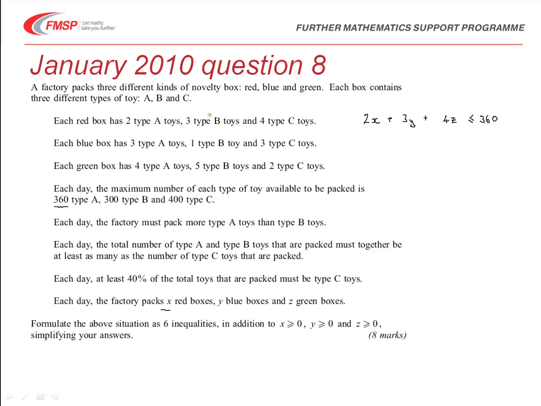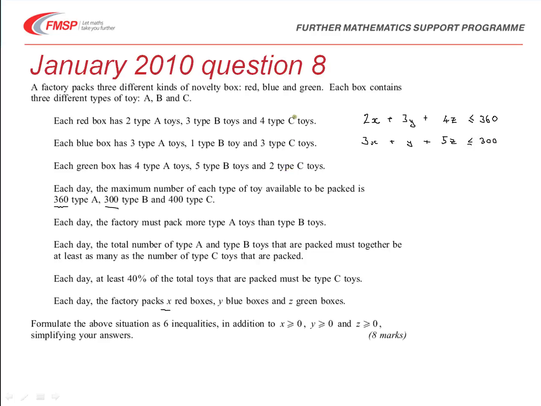Similarly, we can build the inequalities for type B toys. There are 3 type B's in a red box, so that's 3X. There's only 1 in a blue box, so that would be 1Y. And then there are 5 in a green box, so that would be 5Z. The maximum amount of those available is only 300, so that must be less than or equal to 300.